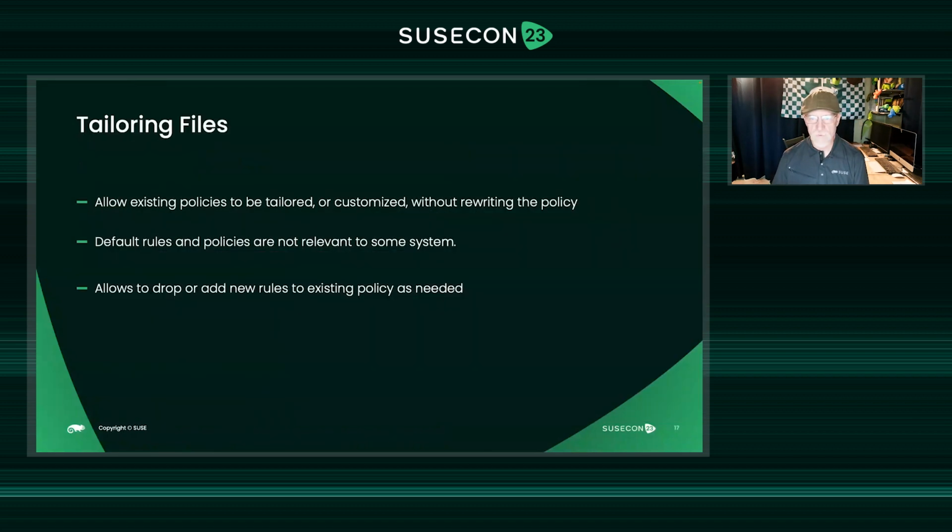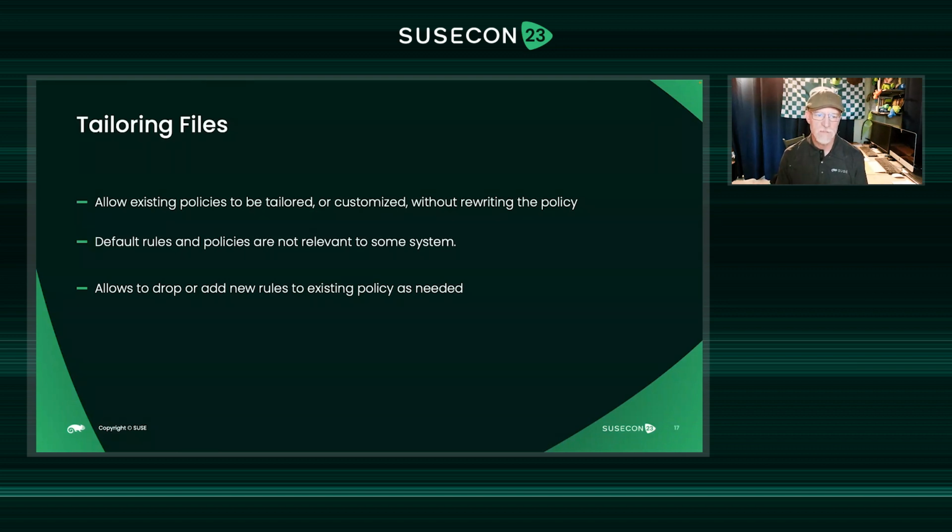And then we can take that policy and add it to our tailoring file. We can use these tailoring files, which are the customized changes that we've made, to go along with the original, and the tailoring files will override the original policy to meet our needs without rewriting the original. Again, we're not going to touch the original. We're just adding these tailoring files on top.